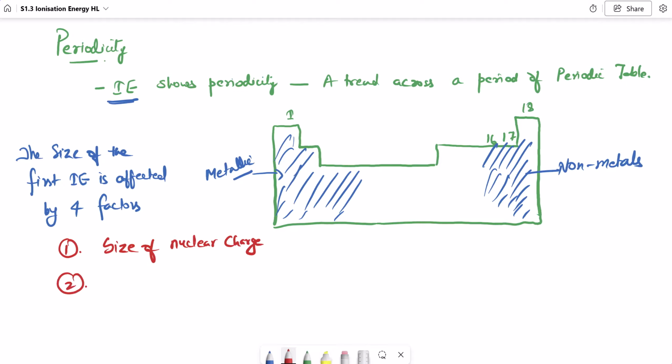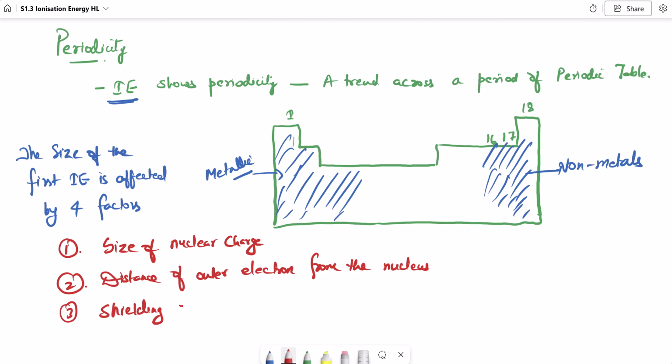Second, distance of the outer electron from the nucleus. Third, shielding effect of inner electrons, which we'll discuss in more detail now. And the last is spin pair repulsion.